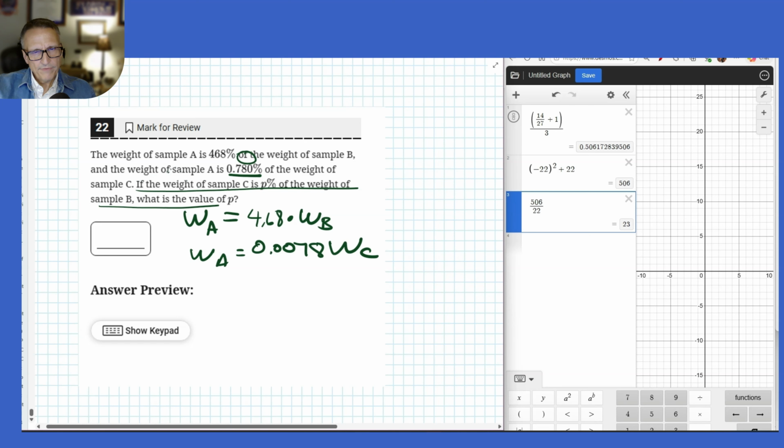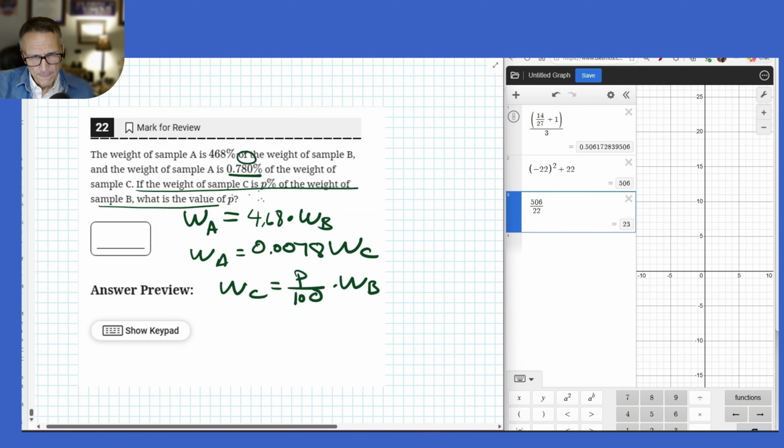It says if the weight of sample C is P percent, that would be P out of 100 of sample B, what is P? There you go. It's 3 equations to be solved.